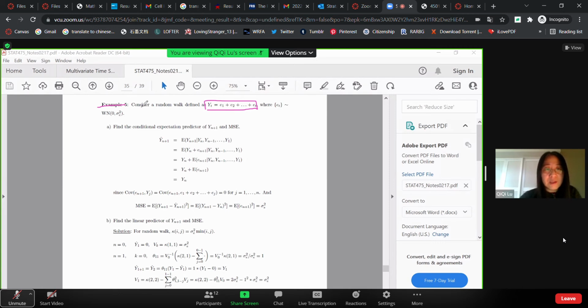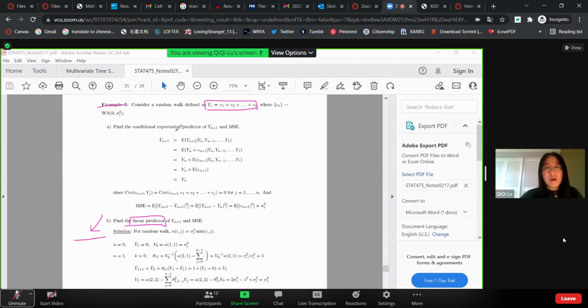And the random walk is non-stationary, so we can use only the innovations algorithm. So DL is not appropriate for this one.